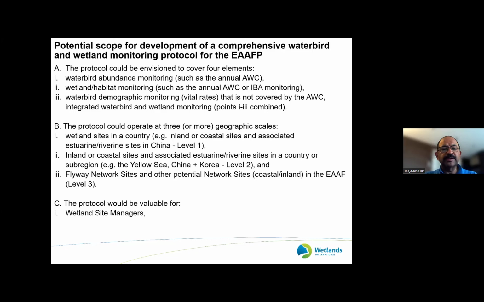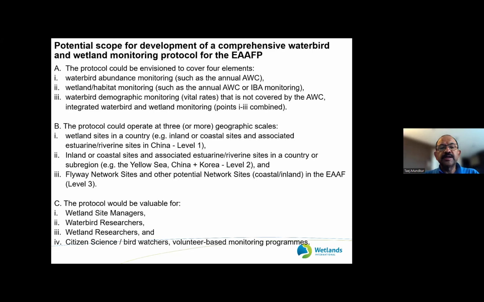These could be wetland site managers, waterbird researchers, wetland researchers, as well as the people who are doing the work, the citizen science contributors and voluntary-based monitoring programs. So the data should be useful to the people collecting it, as well as for conservation.